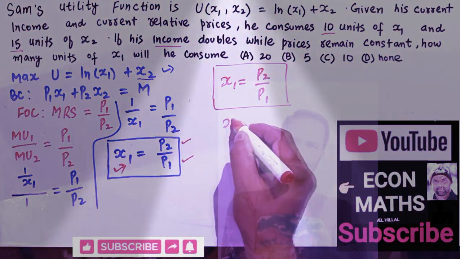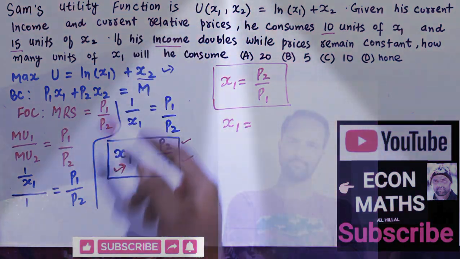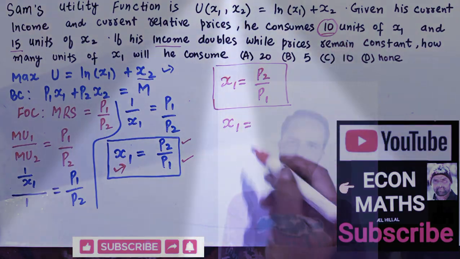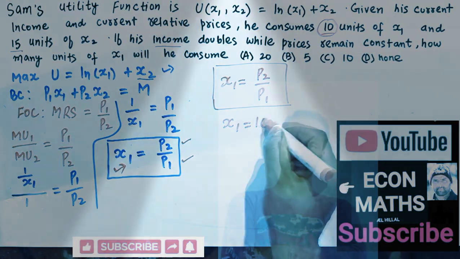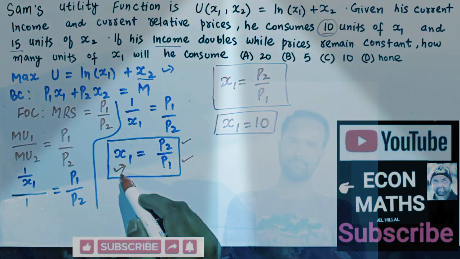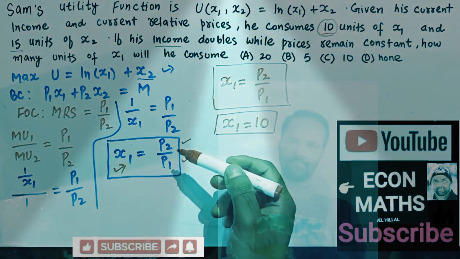He will consume the original units of good x1, that means what he was currently or previously consuming. That means his demand for good x1 will not change, it will remain the same, because demand for good x1 is a function of prices only and not a function of income.